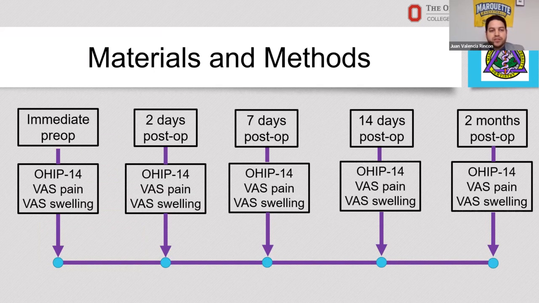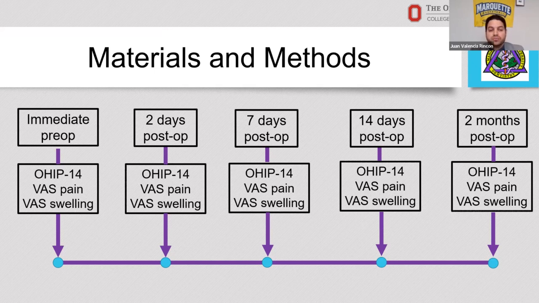Again, with the materials and methods, we tried to standardize as much as possible each post-op. Immediately pre-op, before placing the implant, we did an OHIP 14 questionnaire, which is a series of 14 questions to the patients, mostly psychological and emotional questions related to the treatment they were going to receive. We also did a visual analog scale for pain and a visual analog scale for swelling.